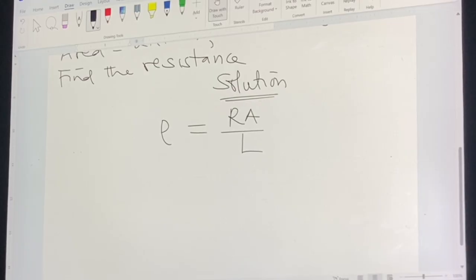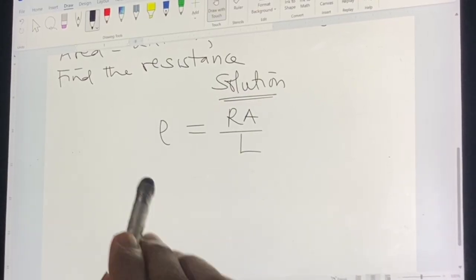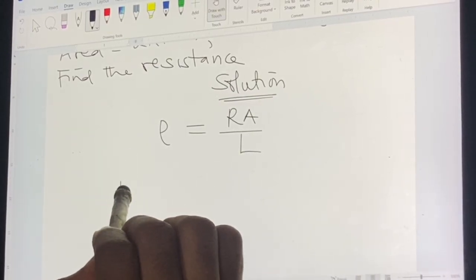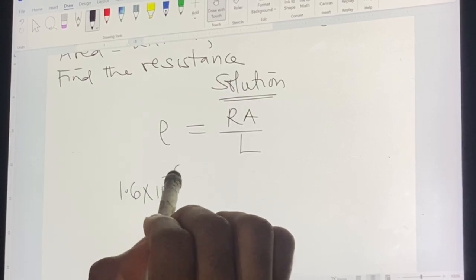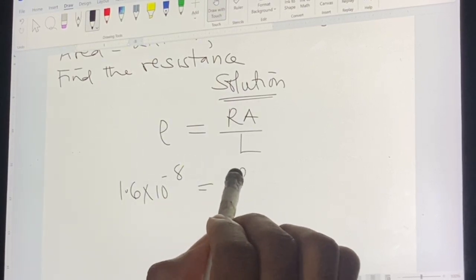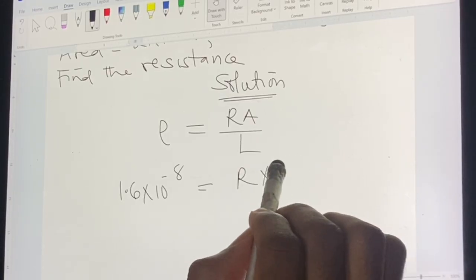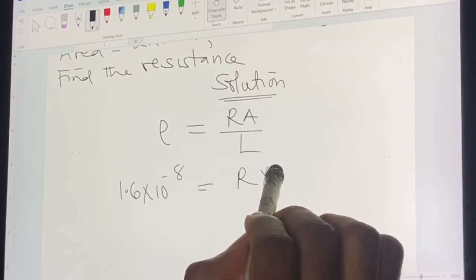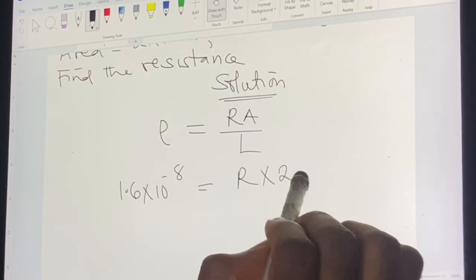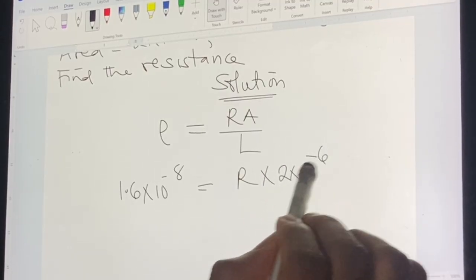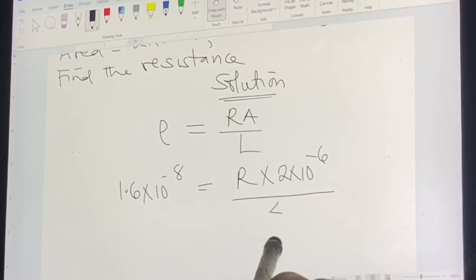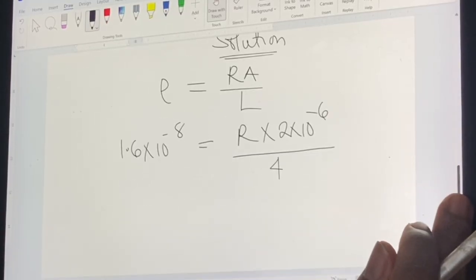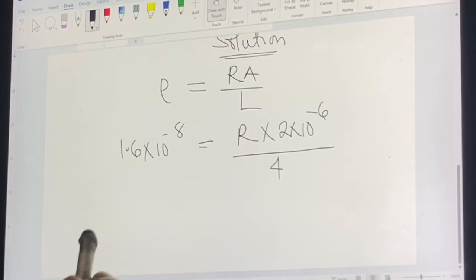Now from the equation here, the resistivity is given to us as 1.6 times 10 raised to the power minus 8, is equal to resistance times the area, which is given as 2 times 10 raised to the power of minus 6, over the length, which is given as 4. Remember, our intention here is to make R the subject of the formula. So let's cross multiply.